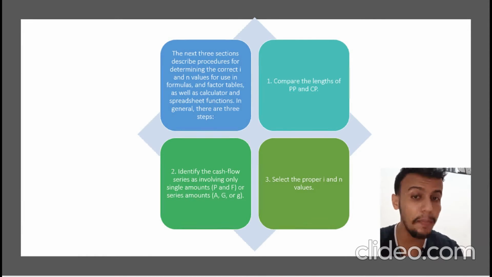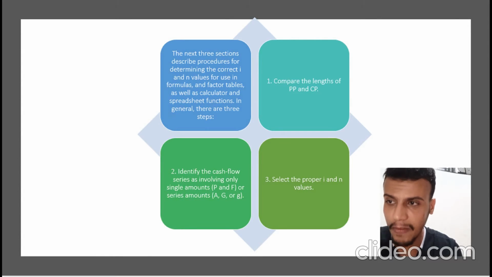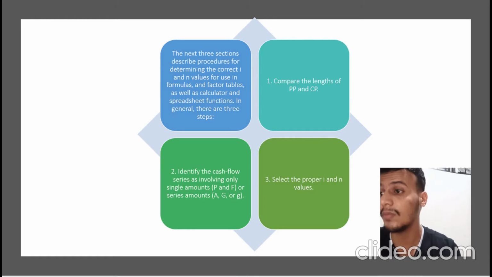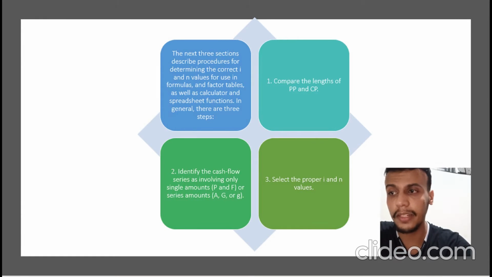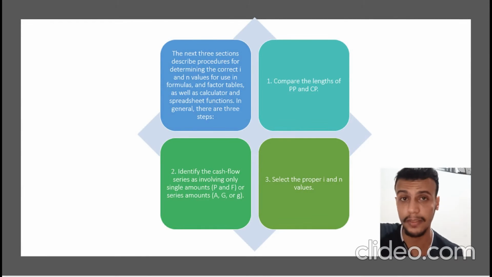We already said PP means payment period, CP compounding period. The second one, identify the cash flow series as involving only single amounts or series amounts. The last one, select the proper i and N values.